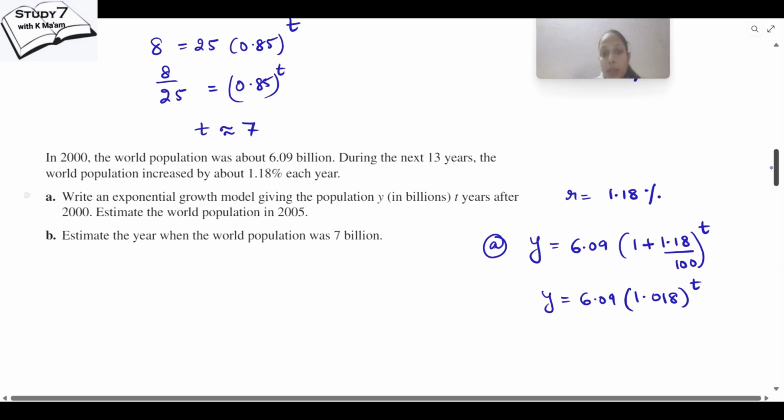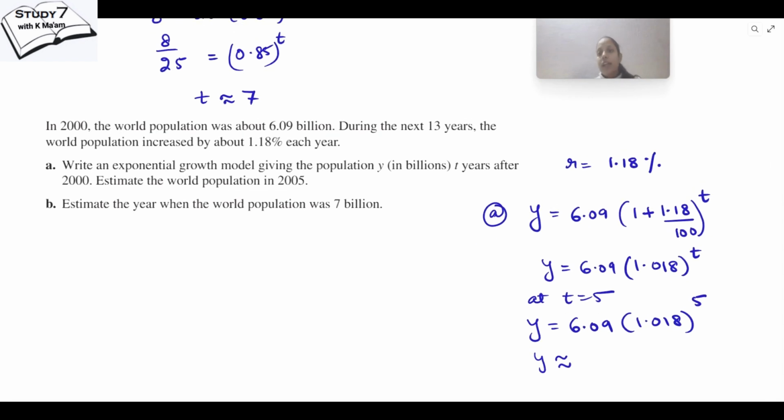Then estimate the world population in 2005. This was in 2000 and they're asking for 2005, so that means after 5 years. Substitute t as 5. Y equals 6.09 times 1.018 to the power 5.